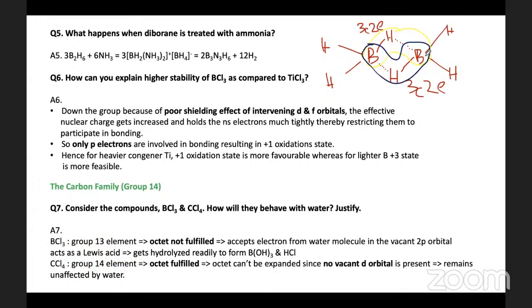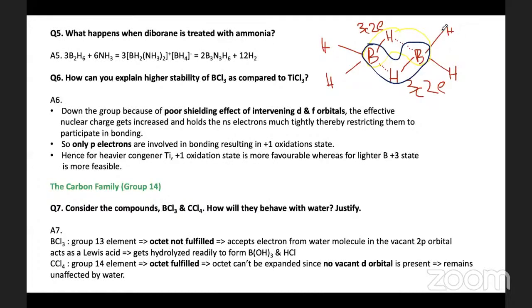The terminal boron hydrogen bonds are normal bonds that are called classical bonds. They are always 2C2E. This B2H6 is such a beautiful molecule. It has a butterfly kind of structure. The terminal BH bonds are 2-centered 2-electron bonds: 2 centers, one boron and one hydrogen, and 2 electrons.